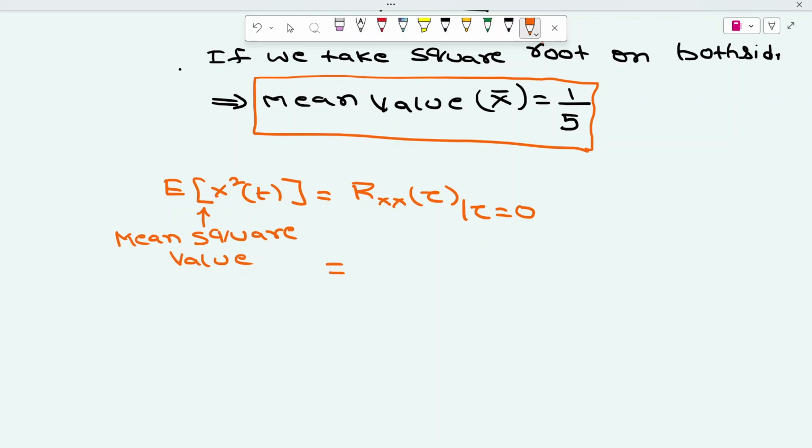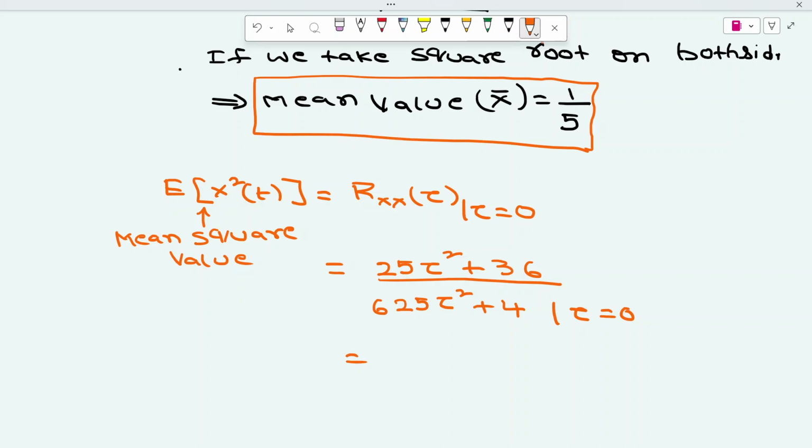The given autocorrelation function is 25 tau square plus 36 by 625 tau square plus 4. Now if we substitute tau equal to 0, it will be 36 by 4, because the first term becomes 0 and similarly the second term also becomes 0.